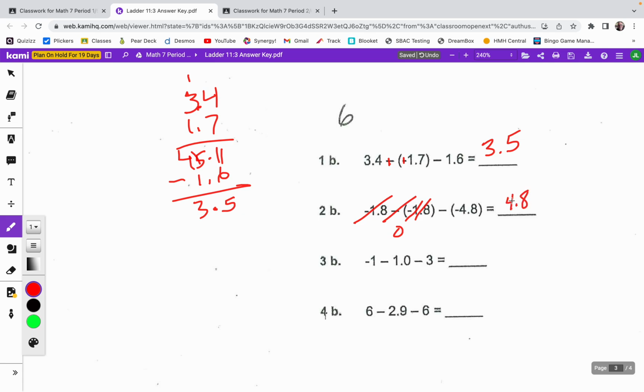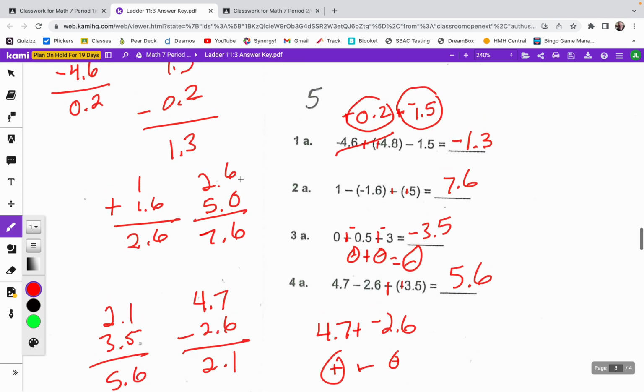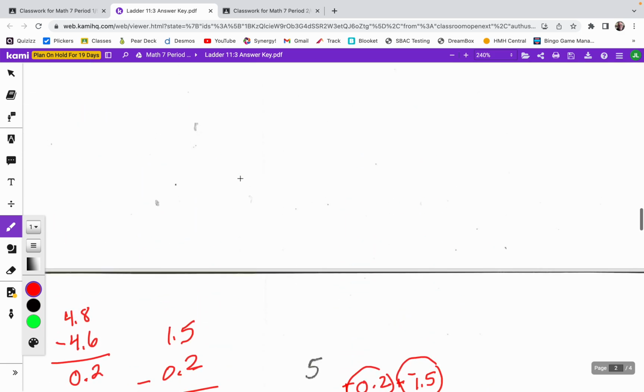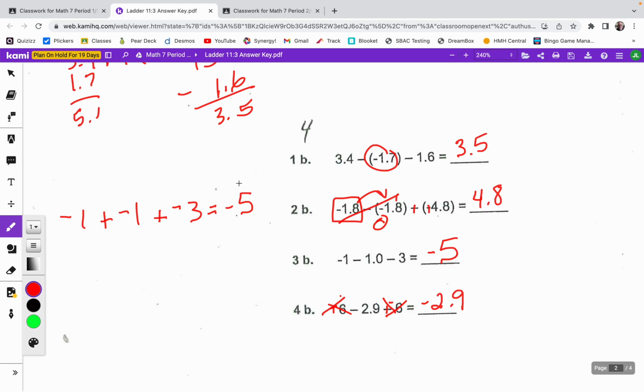I feel like this one was the same as one up here. I'm just looking up here. I didn't realize that step 4 and step 6 are the same step, because we didn't really get to step 6 in class.